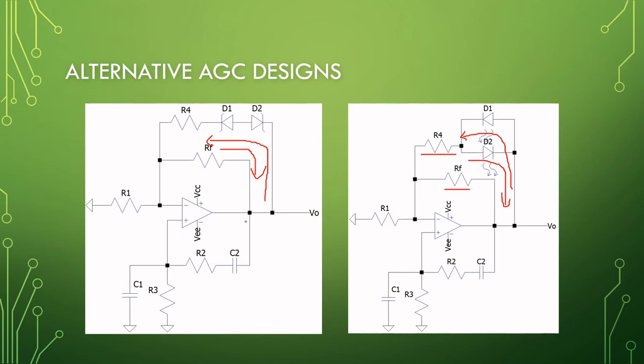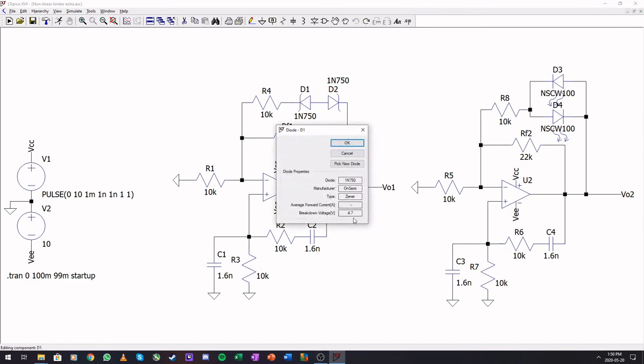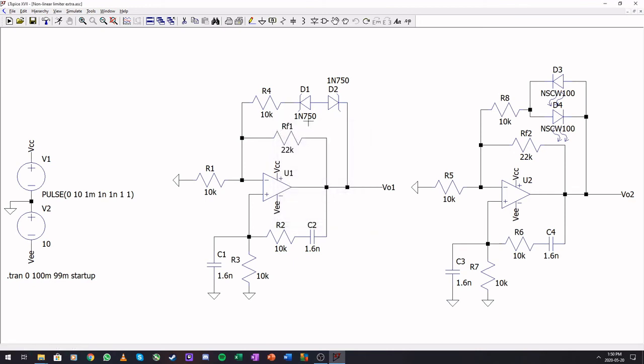So let's jump over to the simulations of these two and show you how they are working. So here is my two implementations. The Zeners here in the first one is 4.7 volts for the breakdown. So this first circuit should have a plus minus 5.4 volts output, and the LEDs here has on voltage at about 2.5 volts.